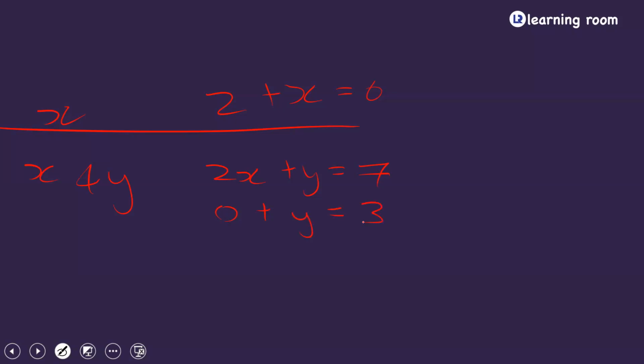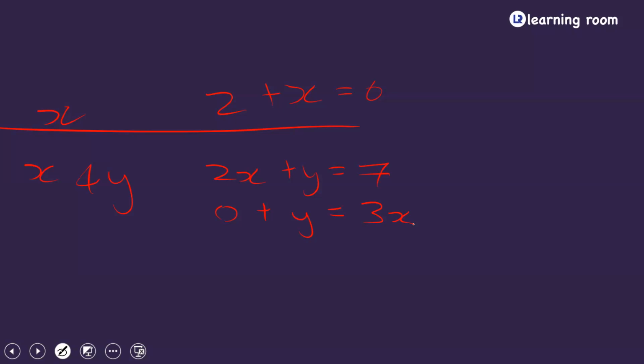So 2 plus x is equal to 0, and x will be minus 2. If I have one unknown, one equation is enough. If I have two unknowns, x and y, let's say 2x plus y is equal to 7, and y is equal to 3. That doesn't quite make sense, but you get the idea. I need at least two equations to solve this.